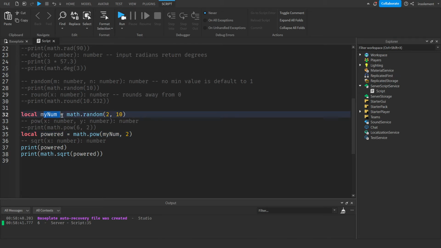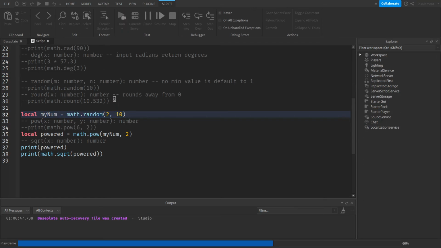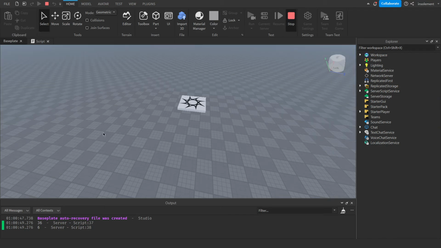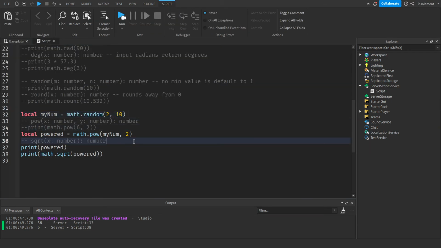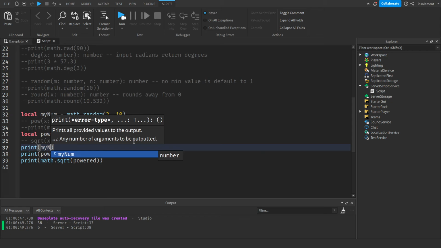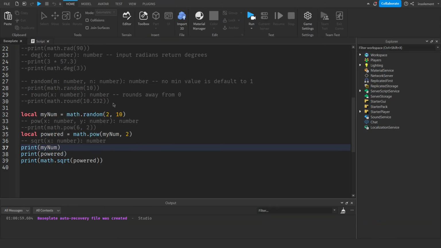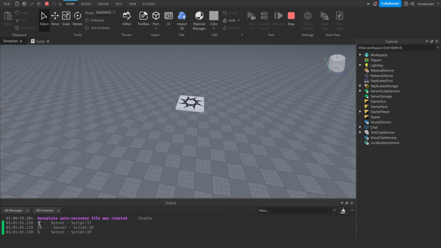No, it would change back to mynum. So, see it? Okay, let's print mynum, so we know what's going on. So our random number was 5, it got squared, and it turned 25, and then it got square rooted back to 5, right?